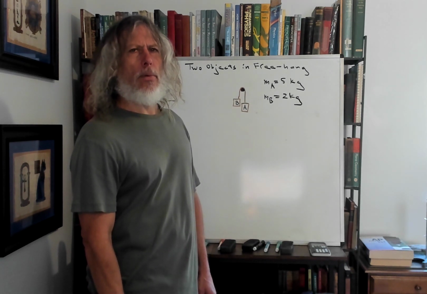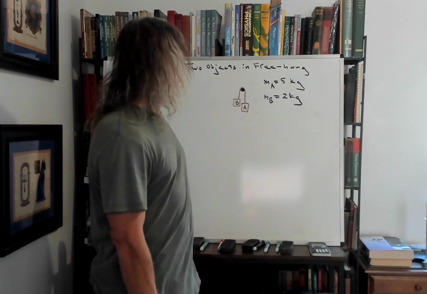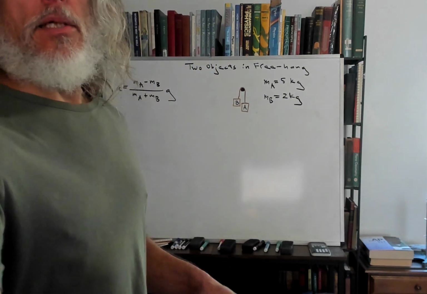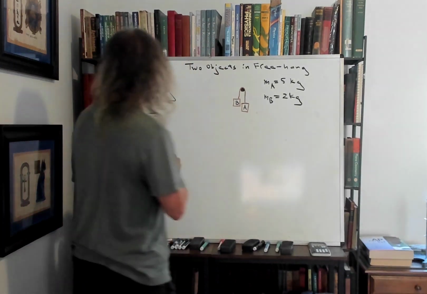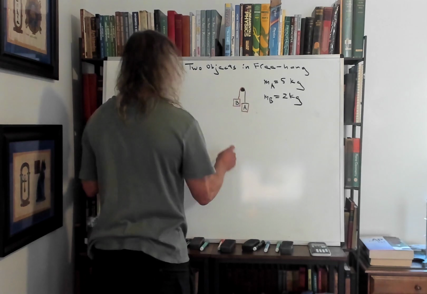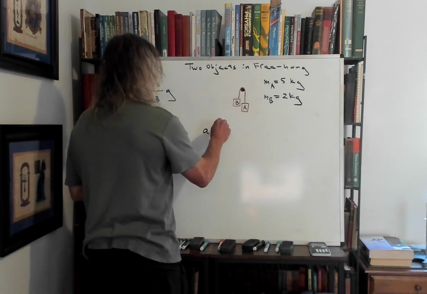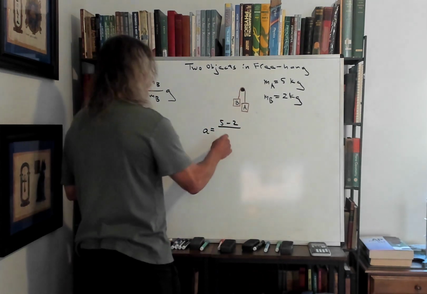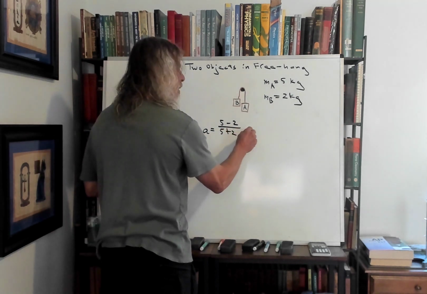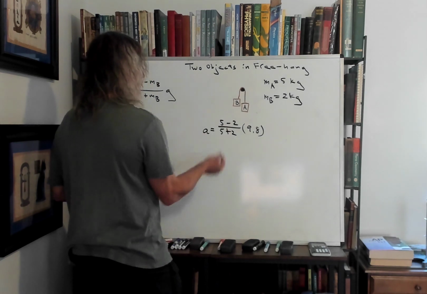I can just use one of the tension formulas. So mass of A, 5 kilograms, mass of B, 2 kilograms. Let's get the acceleration and the tension in the rope. So acceleration will be 5 minus 2 over 5 plus 2 times 9.8. So 3 over 7.